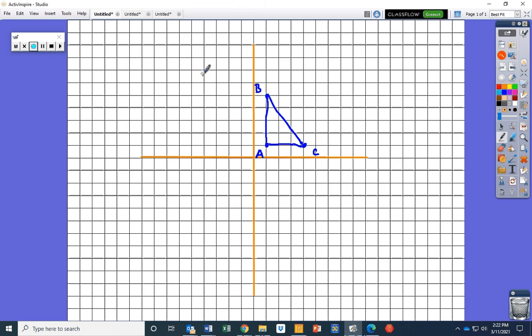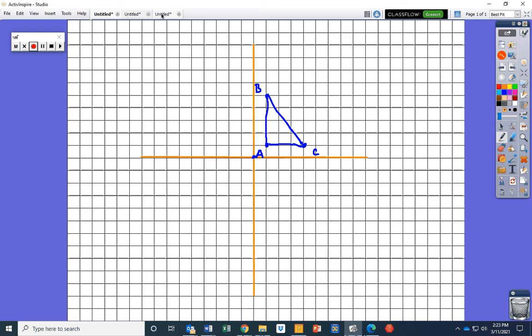First of all, this is not the same as a reflection. If I was reflecting this over the x-axis, it would look like that, the same thing just flipped over. But that's not what we're doing. We are rotating it about the origin, right here.